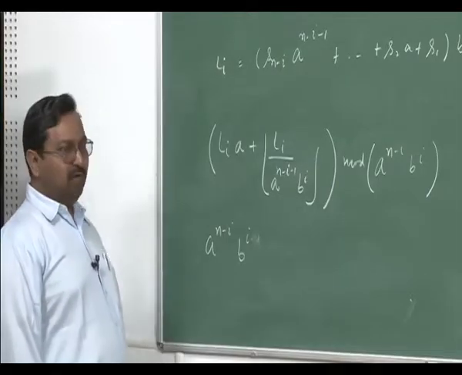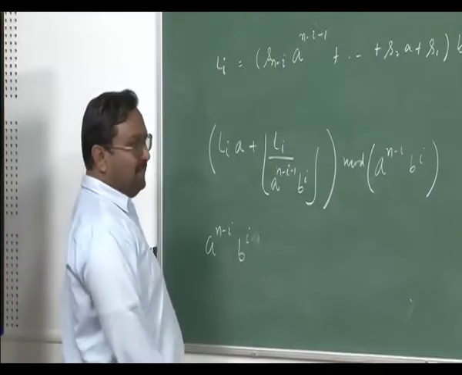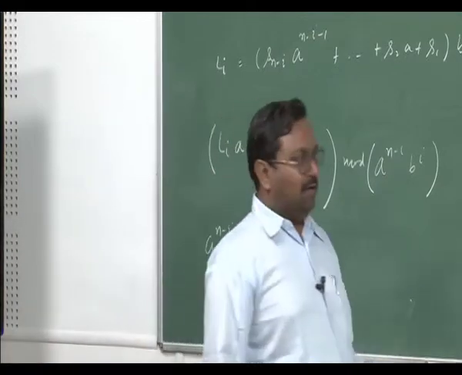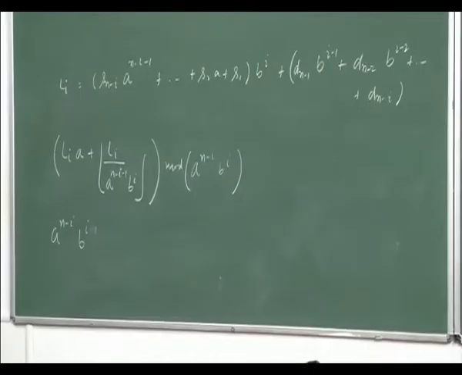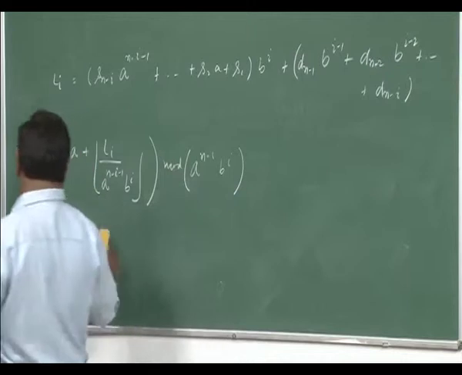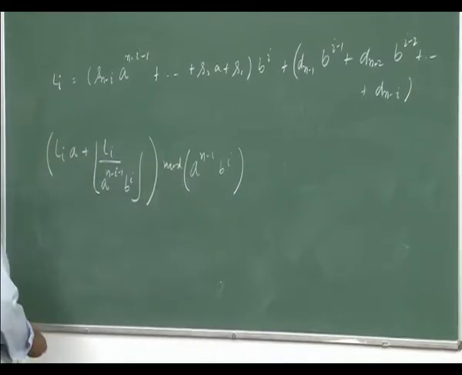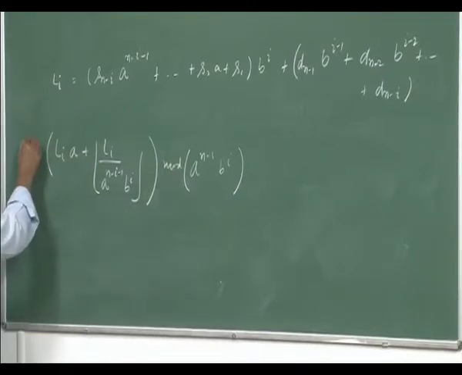So for I plus 1 I can now find out what is Li prime, and from there I can get Li plus 1, because that is a step which is required for induction. So this will give me nothing but Li prime.